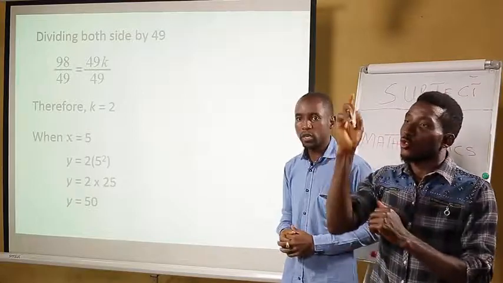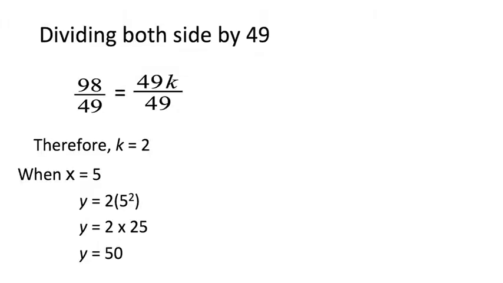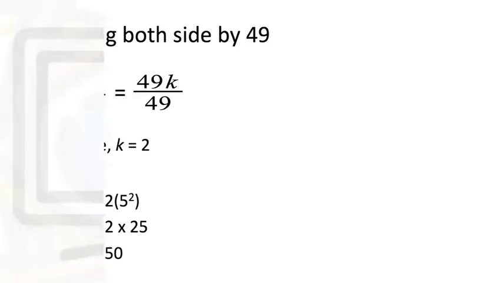Therefore, upon substitution, we have y equals 2(5 squared). 5 squared is 5 times 5, which is the same thing as 25. Therefore, we have y equals 2 times 25, and 2 times 25 is 50. Therefore, the value of y when x equals 5 is 50, which is the final answer of example 1.